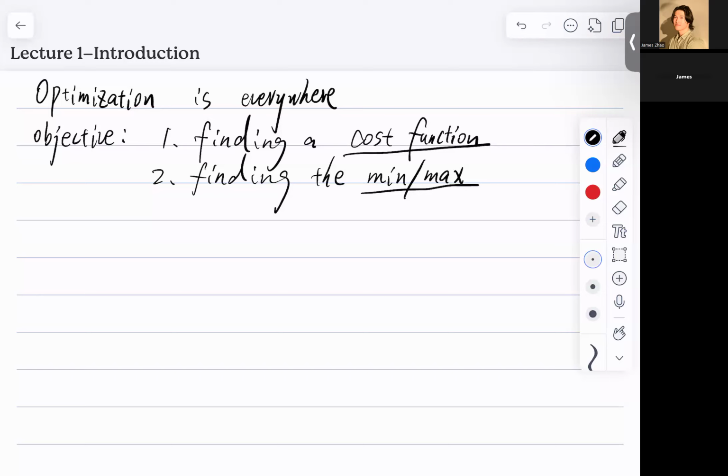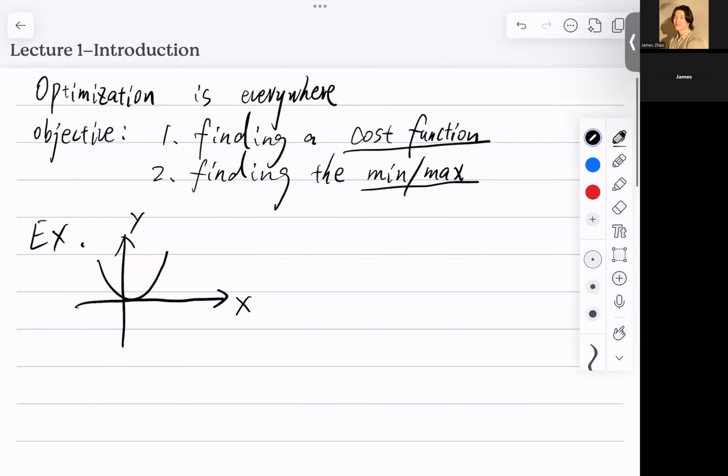But in a mathematical sense, what would some examples be like? Well, the easiest example I can think of here is a 2D example where you have x and y and you have a parabola. And in this function, we can clearly see that the minimizer is right here.